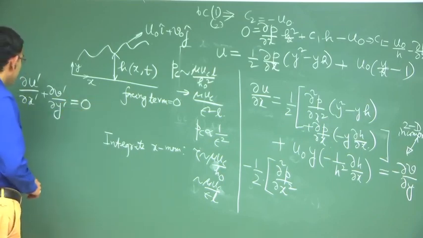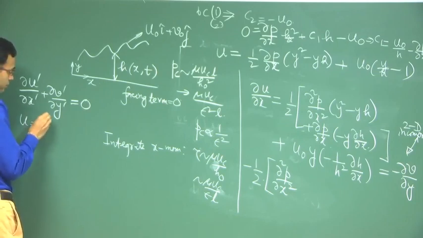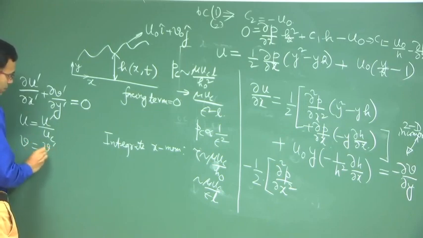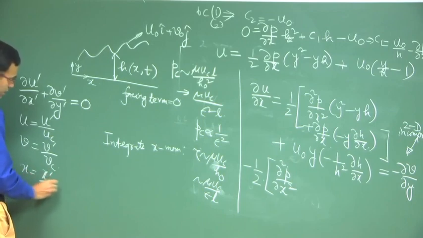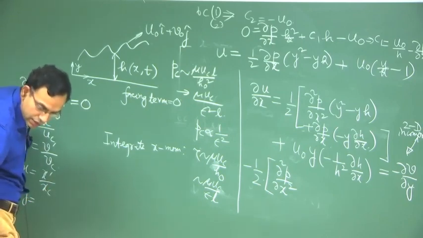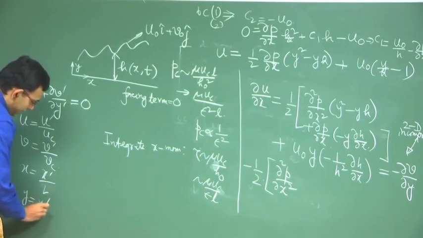So u is equal to u dash by u c, v is equal to v dash by v c, x is equal to x dash by x c, where x c is L, and y is equal to y dash by h naught.